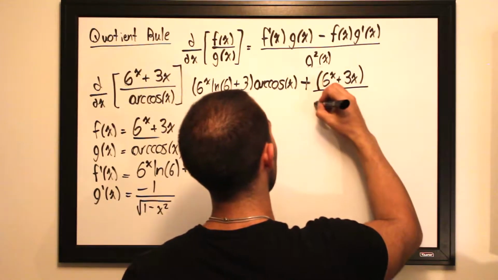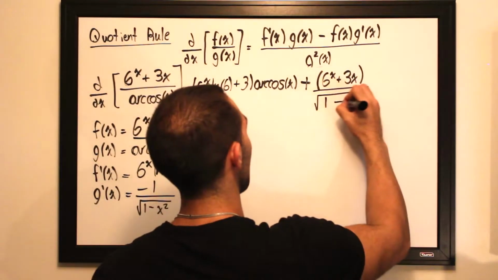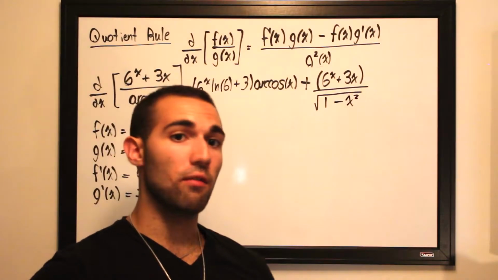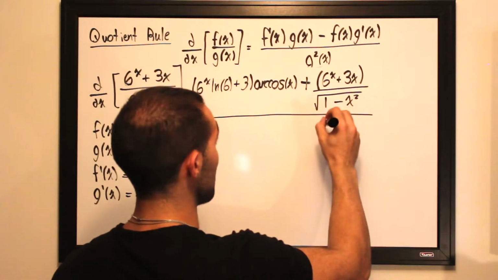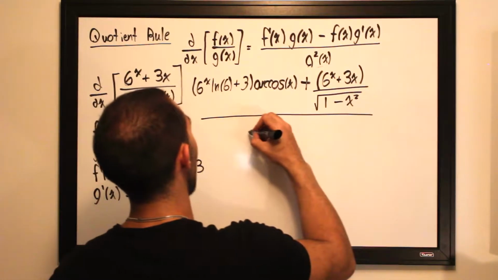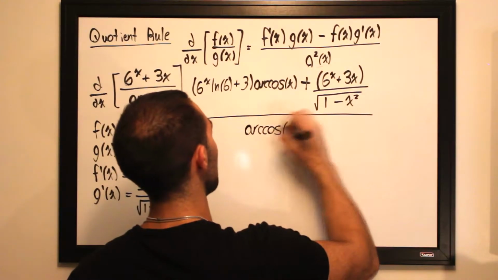And we can add a denominator right over here and make this a 1 minus x squared. And this entire thing will be divided by g squared. Now we want to drag this into the denominator, and we'll do that in just a second. However, our g squared will be arc cosine of x, but squared.